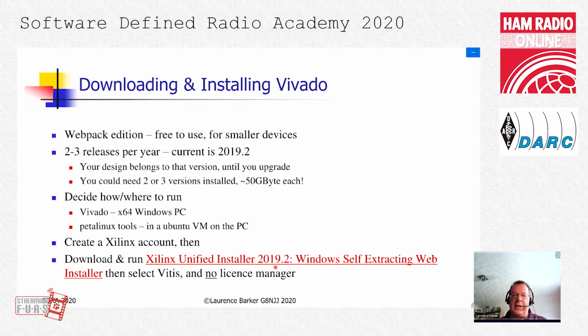To be able to download the code, you need to create a Xilinx account, and then you can download and run the installer. The product that you need to download and install is actually called Vitis. And the key step that you need to take when you go through the install process is tell it not to load a license manager. So for the free devices, it will work absolutely fine.